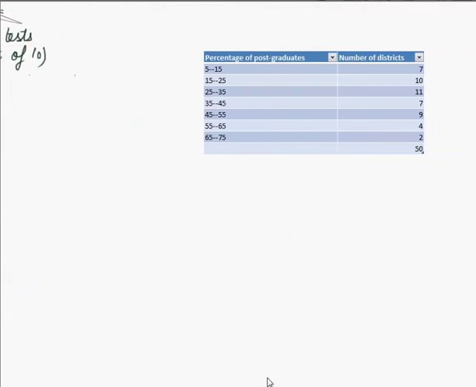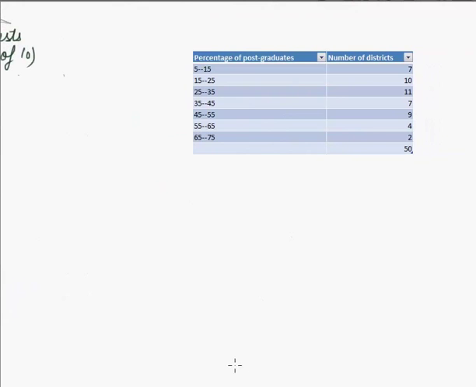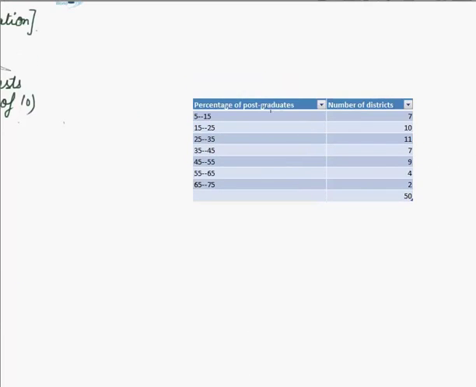Now ungrouped frequency distribution is not always the case. Consider the case of grouped frequency distribution. Here, percentage of postgraduates in 50 districts are given. That is, this column is class interval, whereas this column is frequency. And we need to calculate mode for this statistical data.